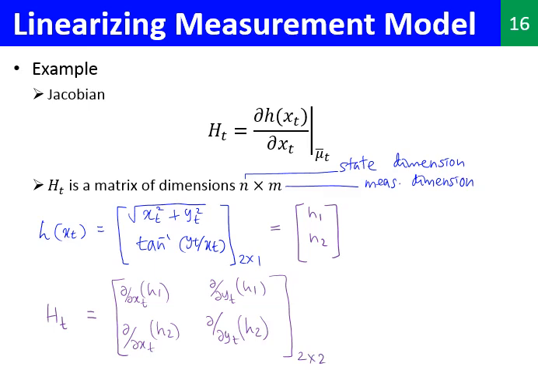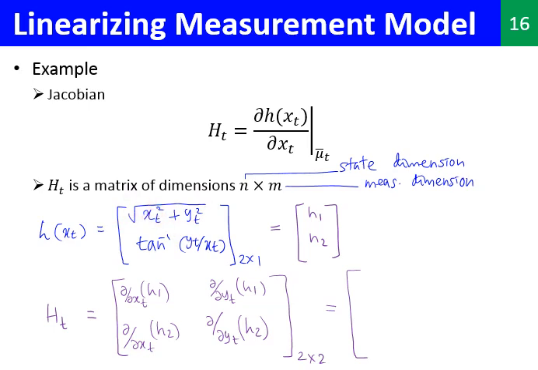So what would be our resulting Jacobian matrix? Shall we calculate that now? If you did that right, for the first entry we take h1, which is the square root thing, and get the partial derivative with respect to xt.